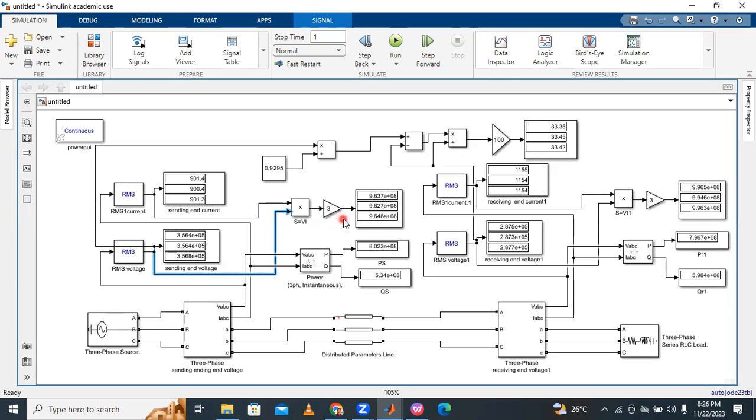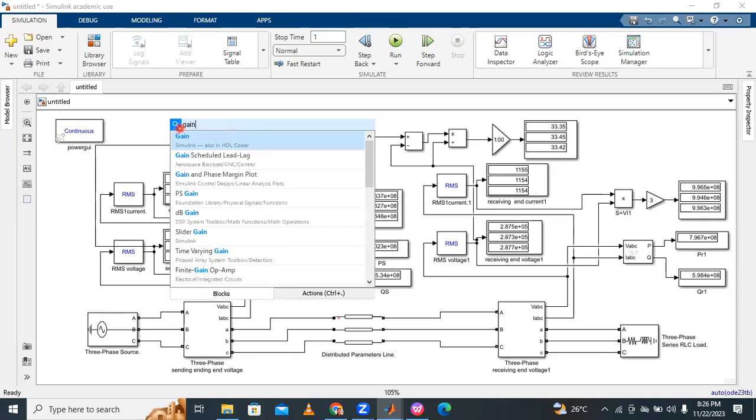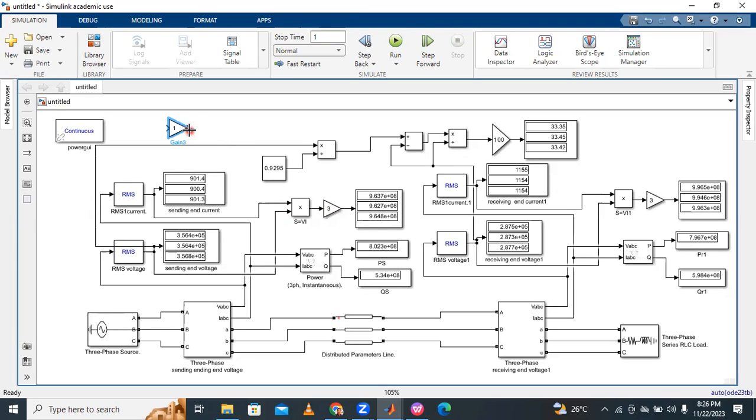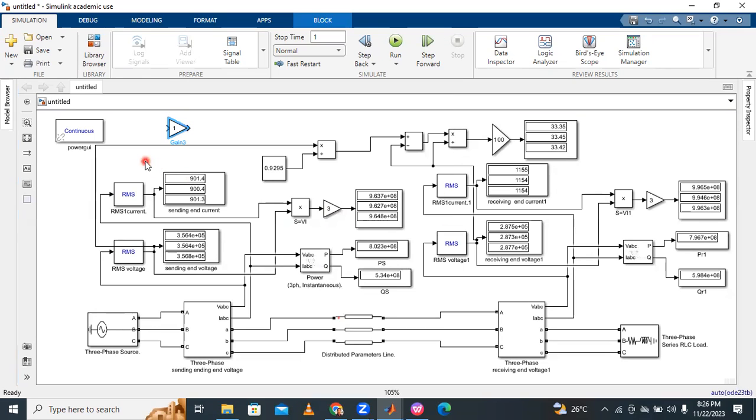That's why one gain is required. Take a gain block, open it, and instead of 1 write 3, then apply, so the output is multiplied by 3 times.